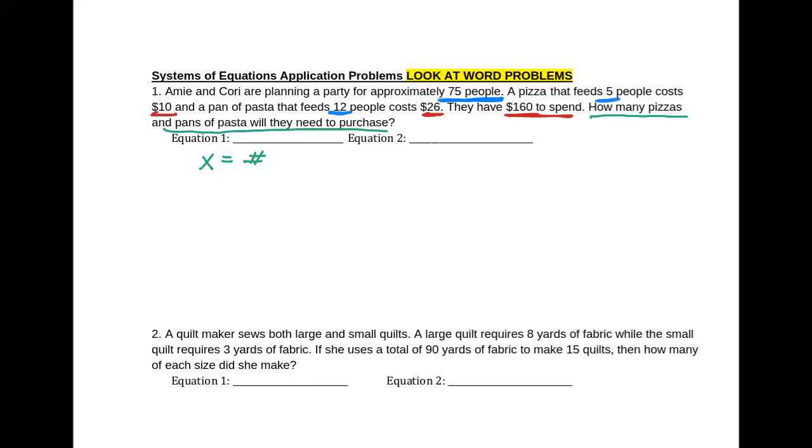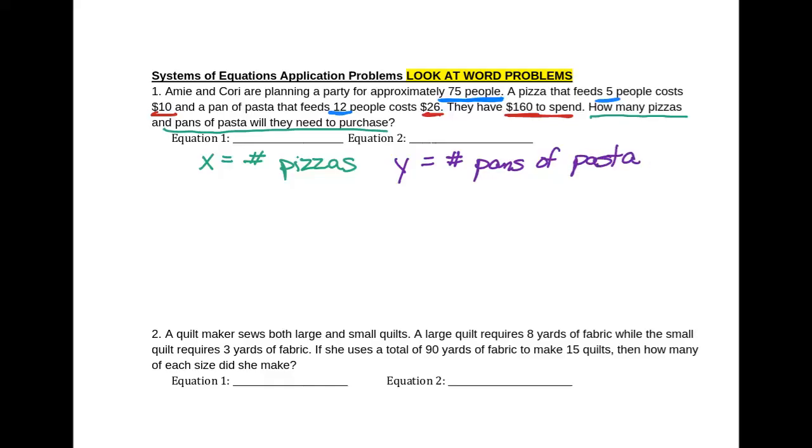X is number of pizzas, because that's what we're looking for. How many pizzas? And Y is going to be the number of pans of pasta.